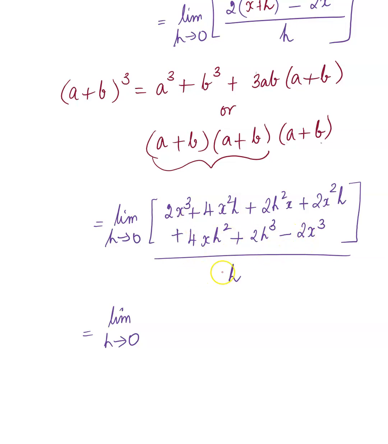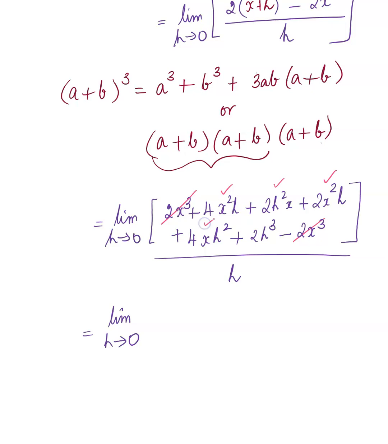Let's go ahead and cancel off the ones that are alike. Obviously, we're going after the ones that are non-h terms. And so we've got those terms clear right there. And then we have a 2 and an h that can be pulled out, okay? And I know that, for instance, this and this, they are like terms.